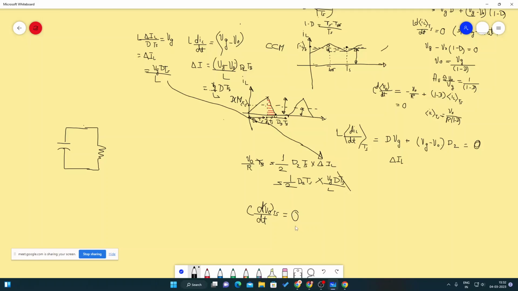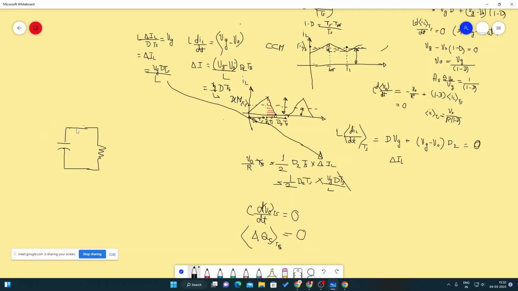Meaning that my delta QC, the change in charge over this duration, will be 0, right? Because capacitance is constant, I have taken it out. I can put it in and say this change in charge is 0. If we can agree upon that, the change in charge is 0.